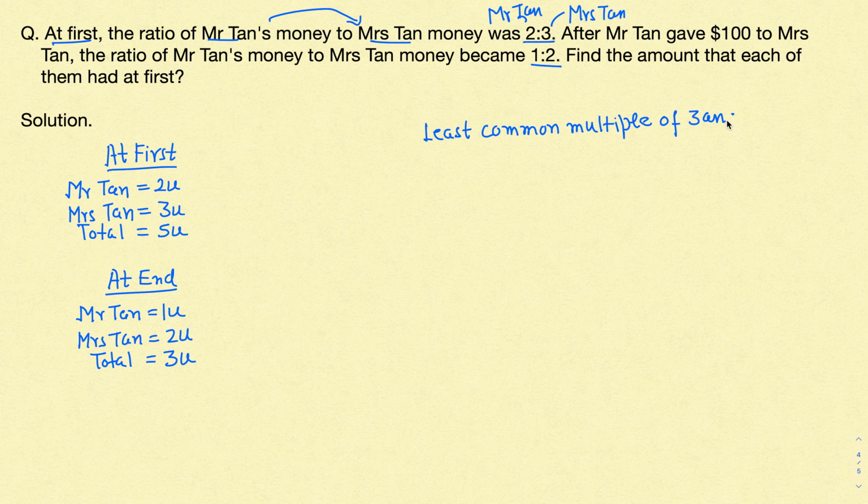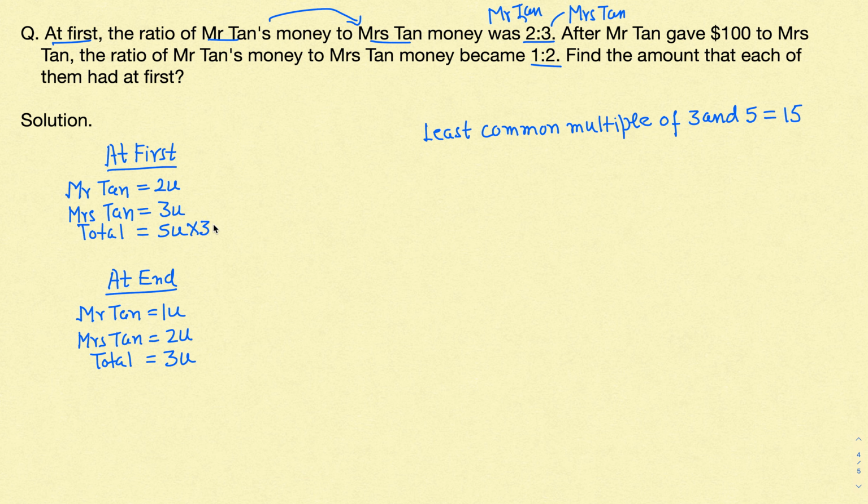You must have studied this in primary 4, right? So it's 15. The least common multiple of 3 and 5 is 15. So that means the total here we should make equal to 15, both the places, because that's the least common multiple of 3 and 5. So how can we make the 5 to 15? Which number do we multiply with 5 so that we get 15? So obviously it's 3, right?